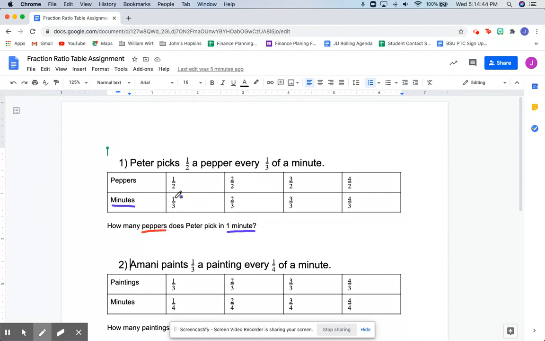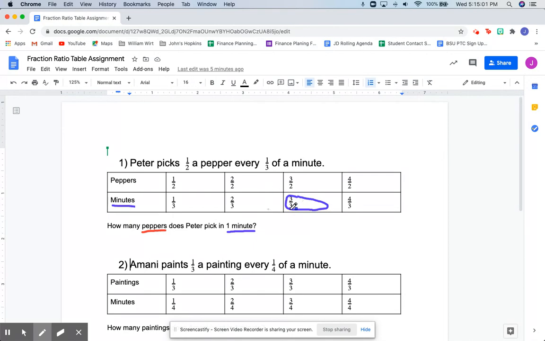So 1/3, that's not 1 minute. 2/3, that's not equal to 1. Oh, 3/3. This is equal to 1. 3/3. That equals 1 whole.